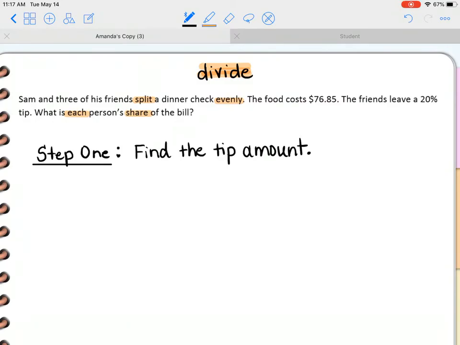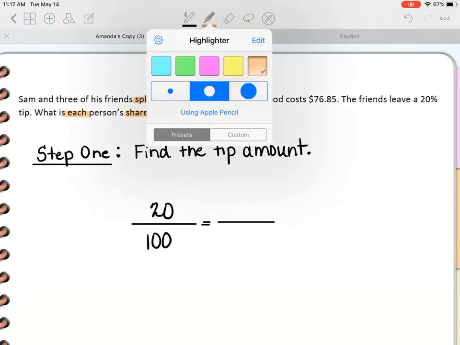Okay. And if you watched the last video, you saw that I used a proportion. If you do your percents another way, that's fine. You don't have to do it this way. But for those of you who watched the last video, this is how we set that up. So 20% of 100, and then we have to figure out if we have a part or a whole. So I'm looking at this number right here.